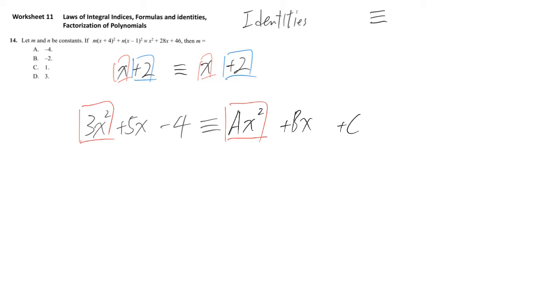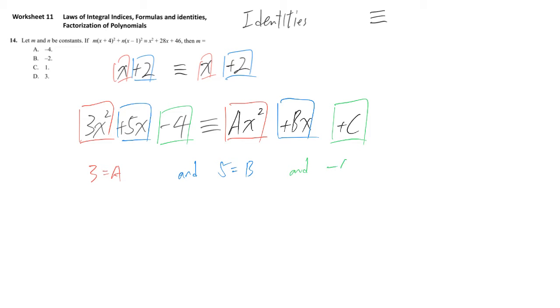So you may just simply say, okay, 3 is equal to a. And this term should equal this term. So now we also know 5 is equal to b. Finally, the last term is equal to the last term here. So -4 is equal to c. So what they try to imply is this.